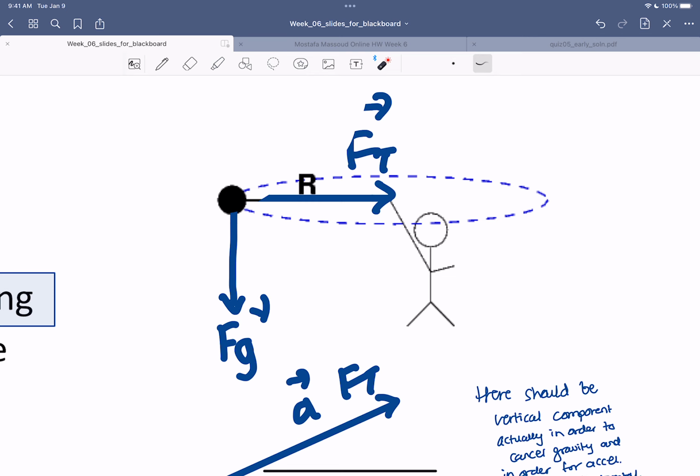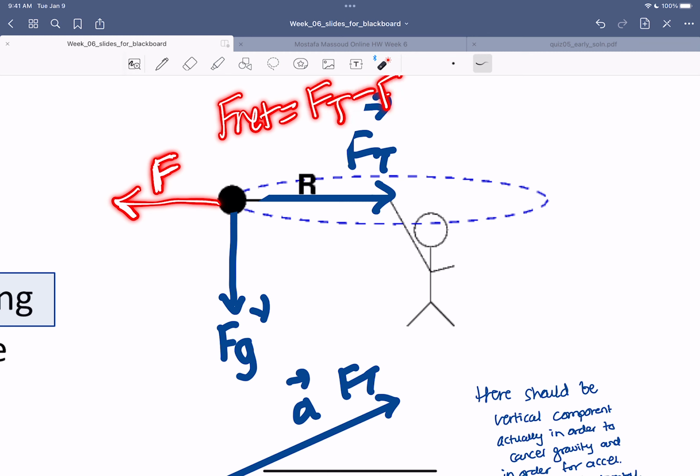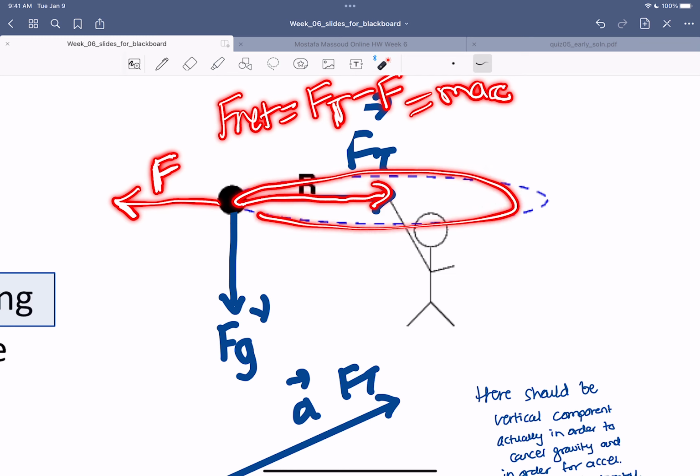Now, if for example we had something else, like some other force, then our F net would be, let's say, Ft minus F, and that's all equal to mac. Because then we have to consider that Ft is the one directly providing the centripetal acceleration and therefore the centripetal force, because it's pointed towards the center of the circle.